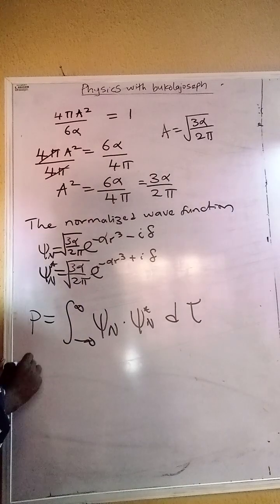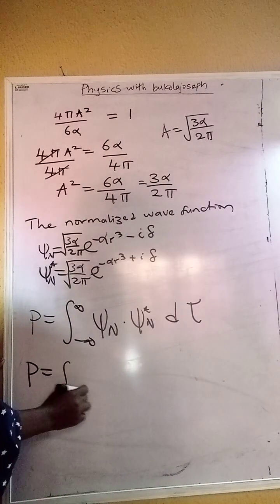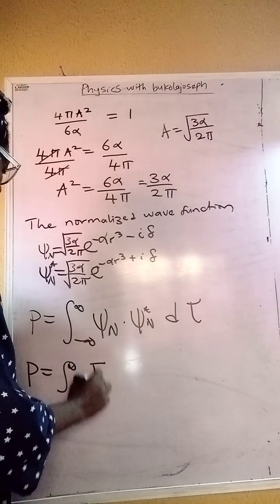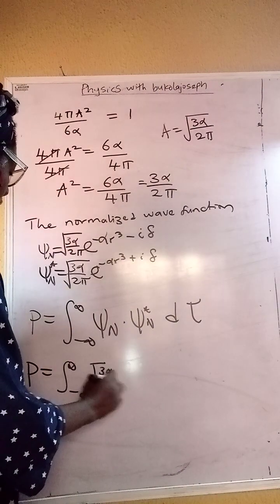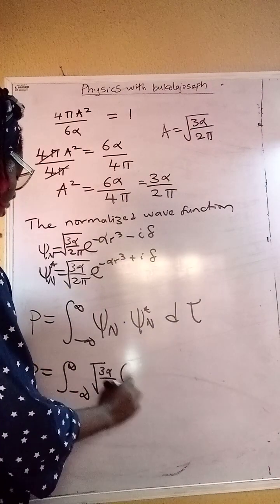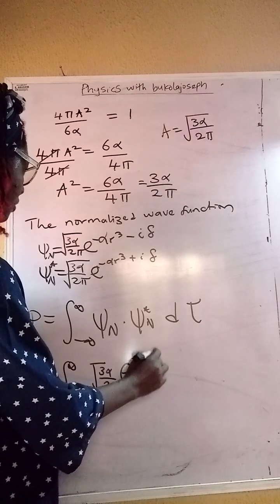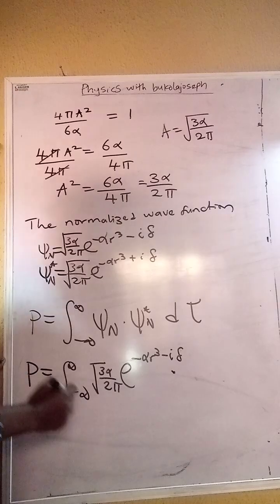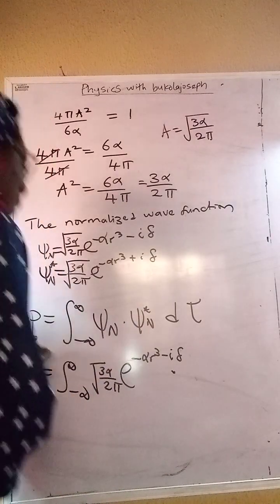So if we do this, we have P is equal to the integral from minus infinity to infinity of psi n. We have this square root of 3 alpha over 2 pi, exponential minus alpha r cubed minus i d. I hope this space will be enough.